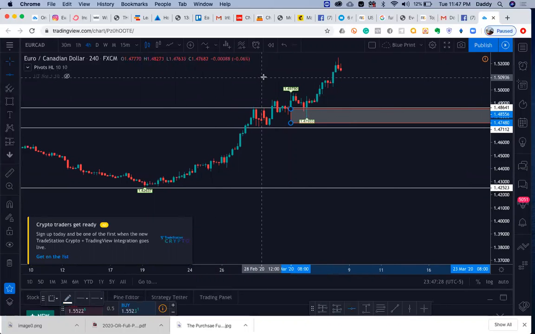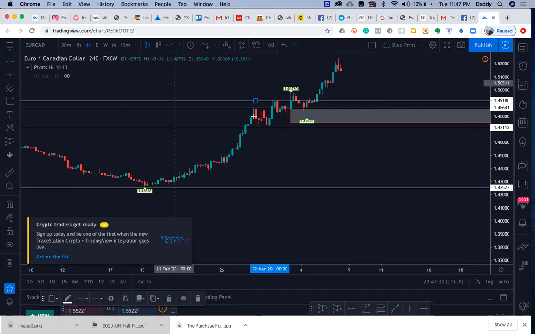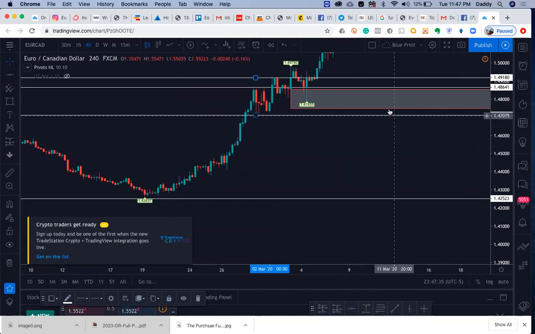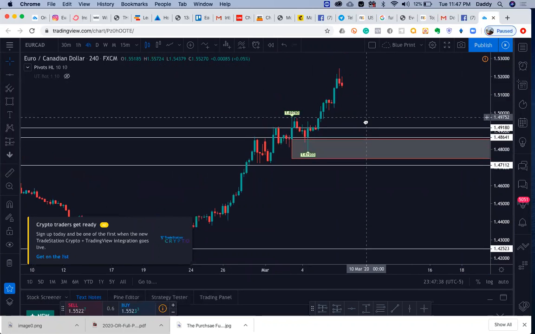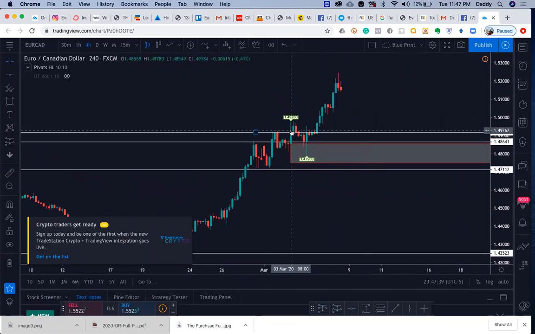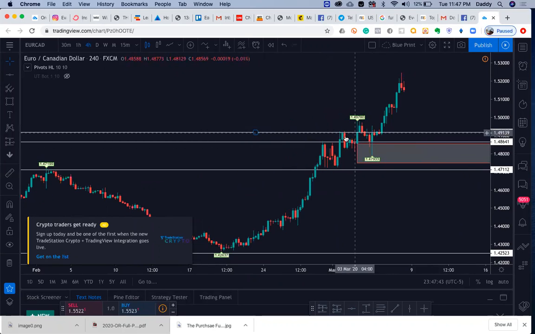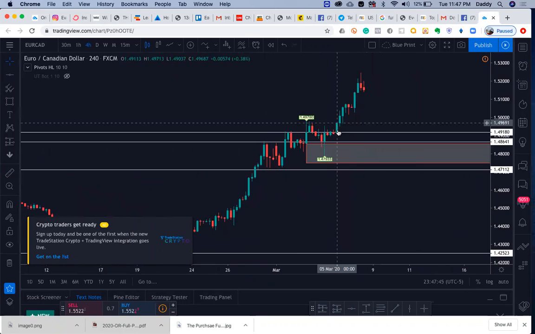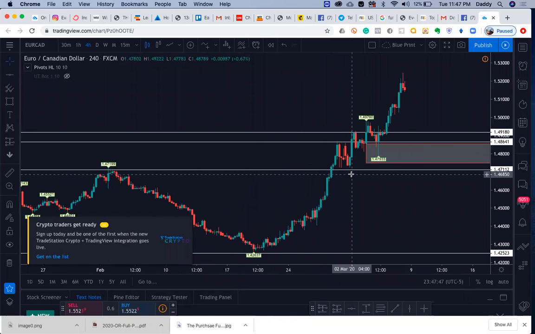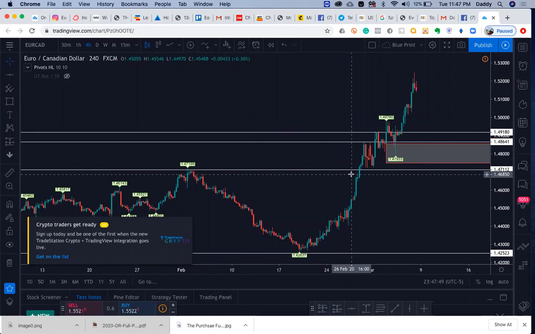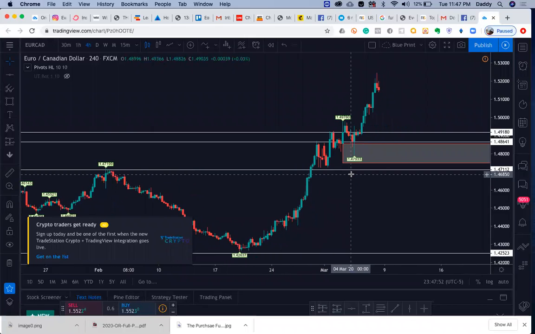And so now this becomes a resistance area. But look what price is doing. It came and it sat on top of it and went up. And that's all I've marked. I've not marked anything else.